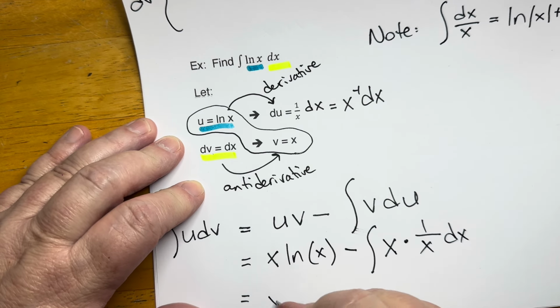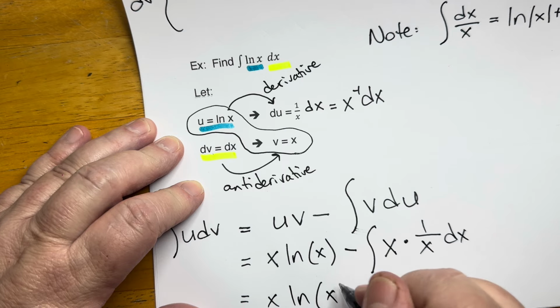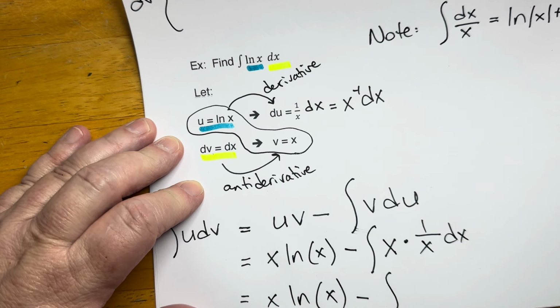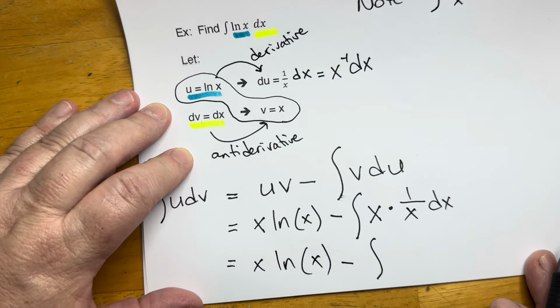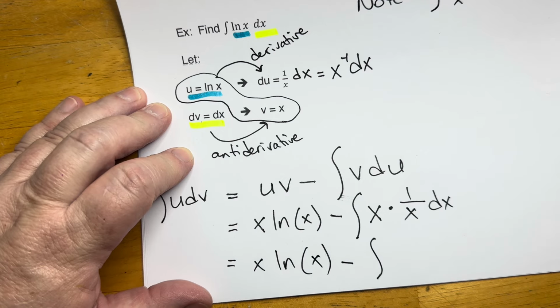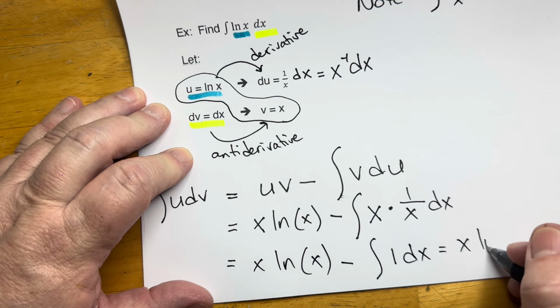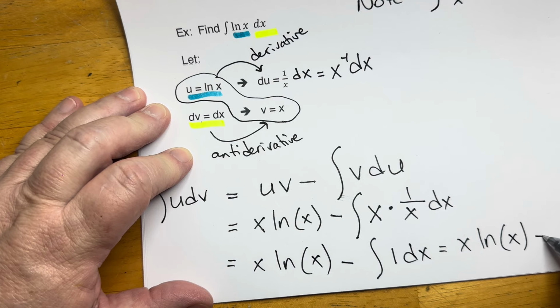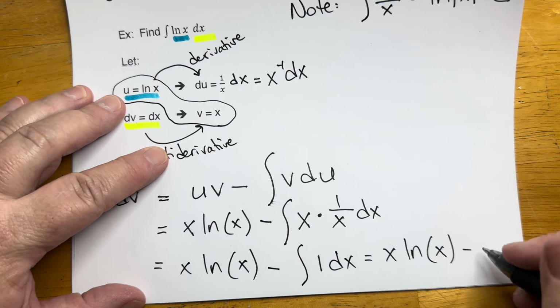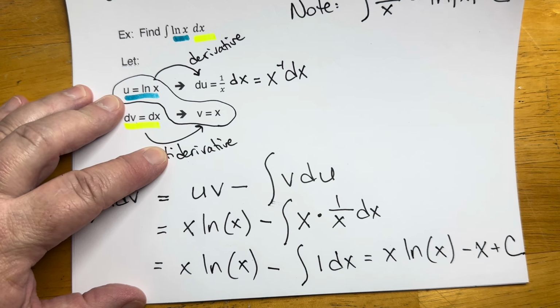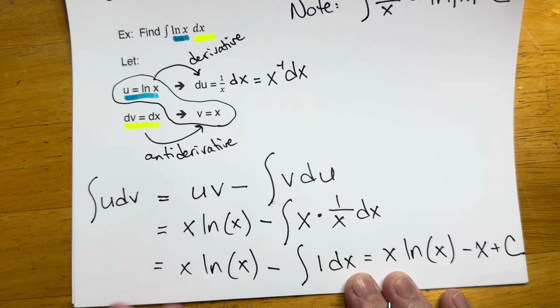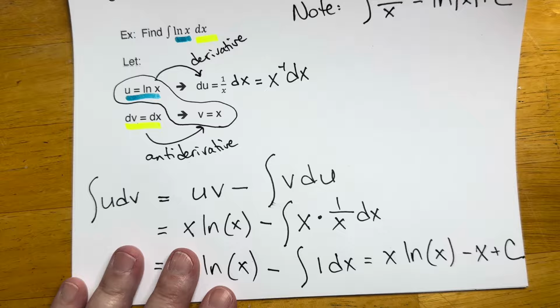So that's going to be x natural log of x minus, now look what happens. X and 1 over x cancel out, so we just get 1 dx. So we get x natural log of x minus, what's the integral of 1? X. And then remember that you're plus c at the end, which is the bane of everybody's existence.